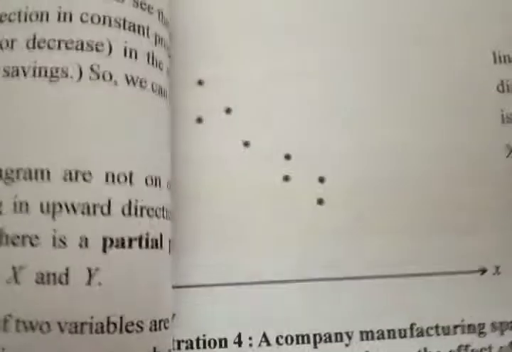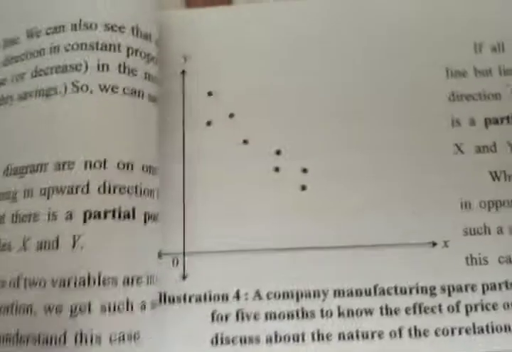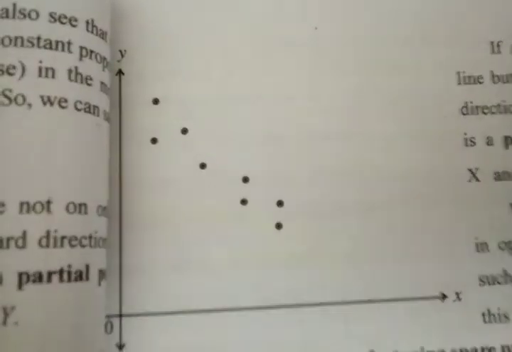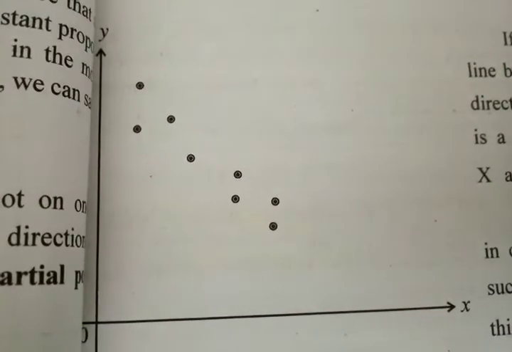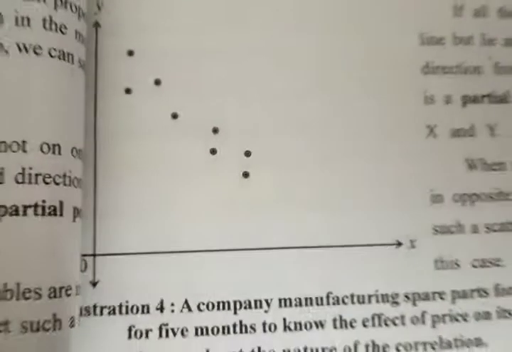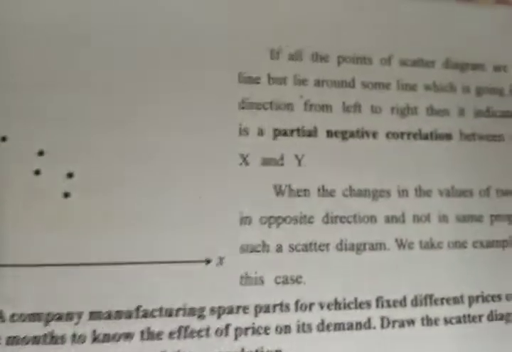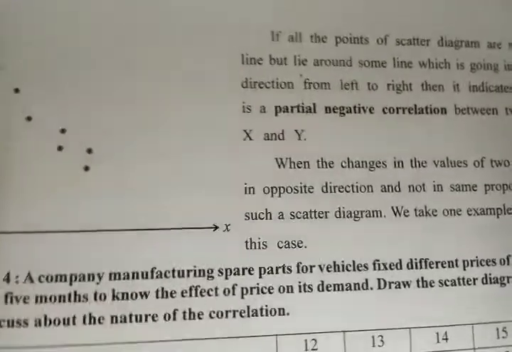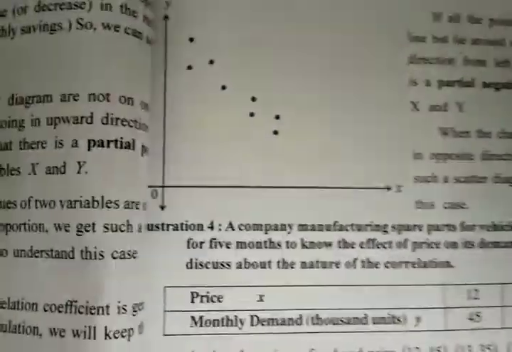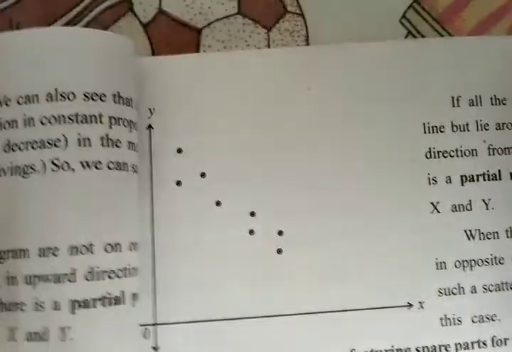If, as given here in this question, we get the points scattered around a straight line going downward from left to right, we get a partial negative correlation case. Here in this illustration on page number 65 on top, this is the case.